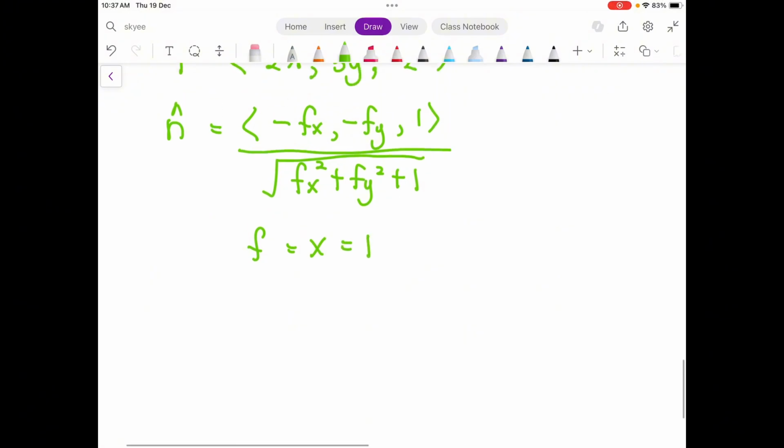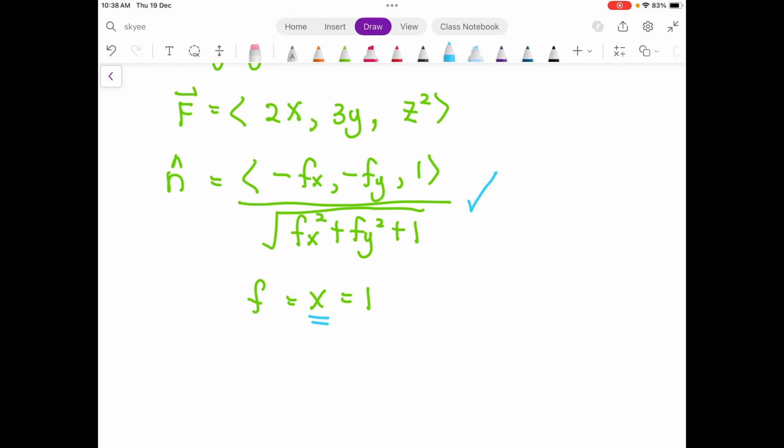Here we need to modify our unit vector n equation, because previously our function was z, and now our function is x. So we have to modify it.